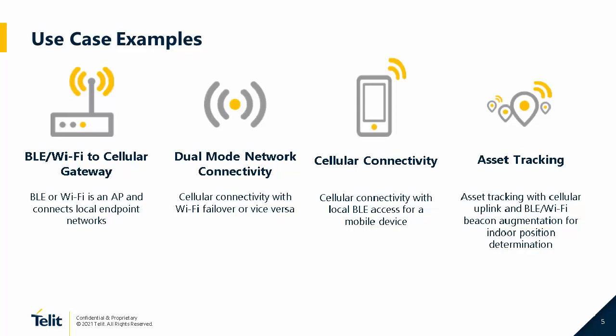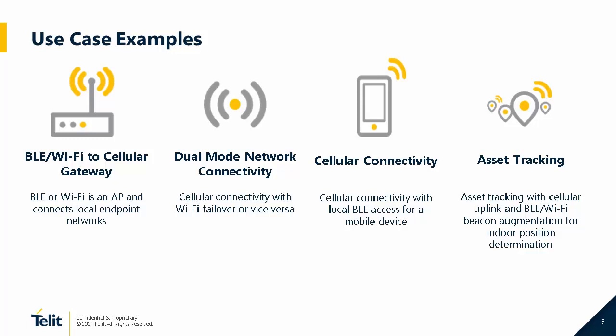So use cases, I've got 4 different groups of examples. The first one would be BLE or Wi-Fi to cellular gateway. Where this would come into play, say you have a local network of BLE or Wi-Fi enabled devices, and you want to get data to and from those through a cellular gateway to a remote host.